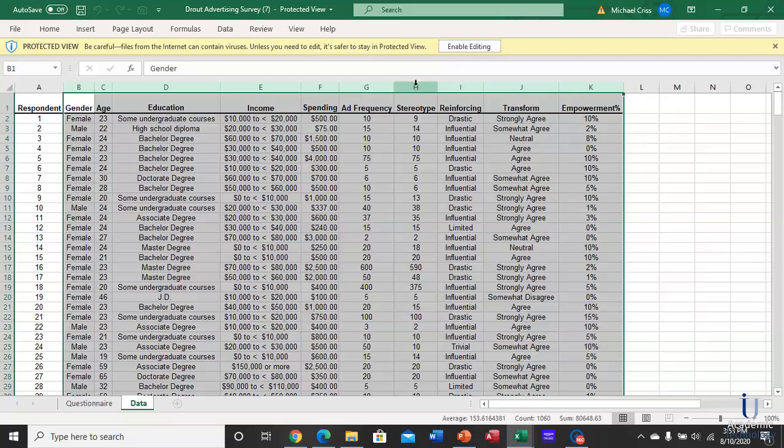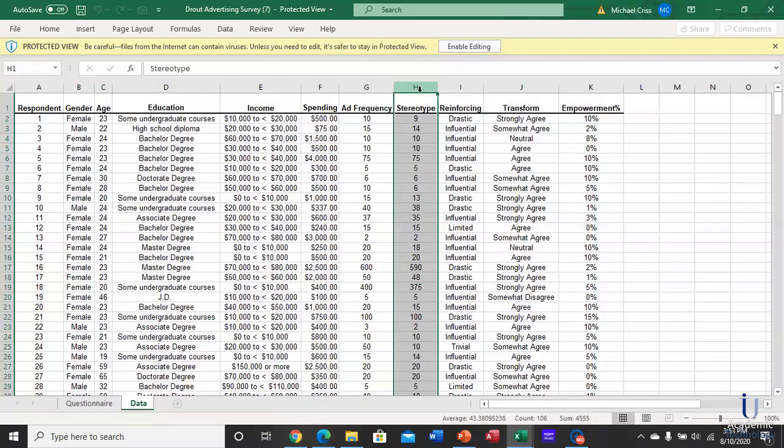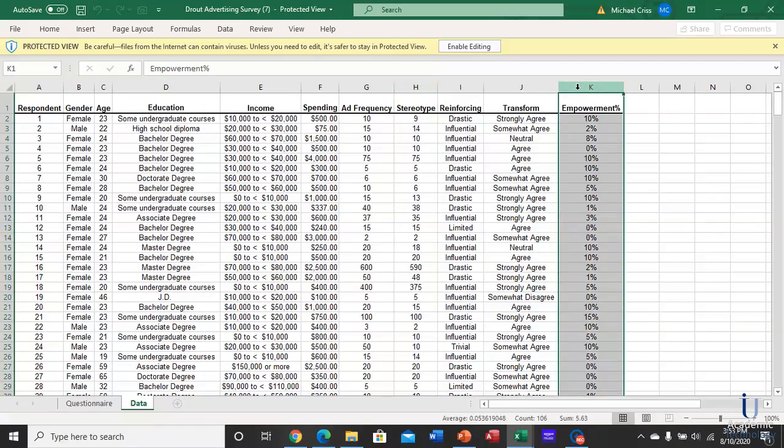And then lastly, it asks you what type of insight we might gain from the data associated with stereotype and empowerment. And really all we're doing here is asking you to just eyeball that data and see if, just by looking at it, you can see some patterns or maybe suggest some things.